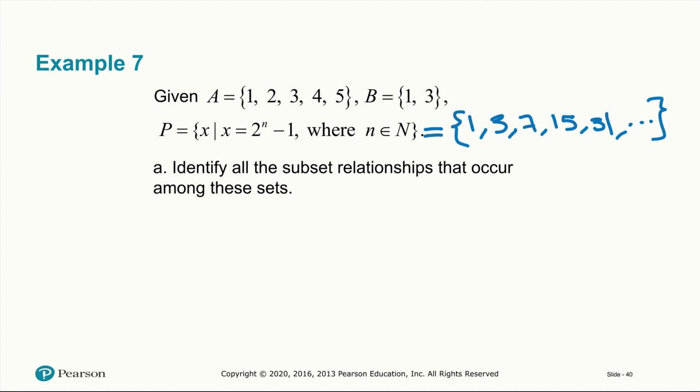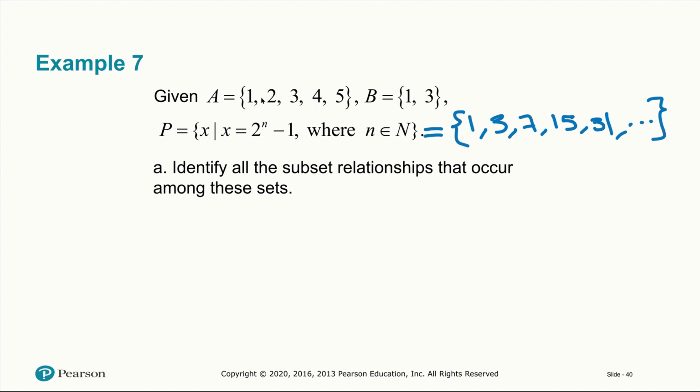So given all that, let's be systematic about this again. We'll talk about the subset relationships between A and B, and then between A and P, and then between B and P. So let's talk about A and B. Is A a subset of B?